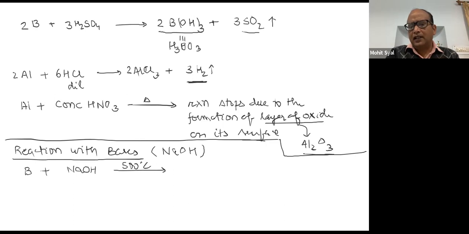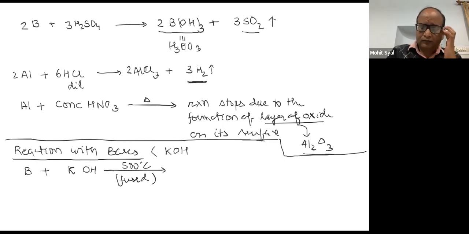KOH is stronger than NaOH, so that can react more easily with boron. The reaction occurs because this very high temperature leads to melting. You can write it as fused condition, melted base.